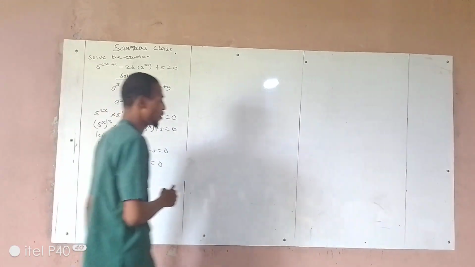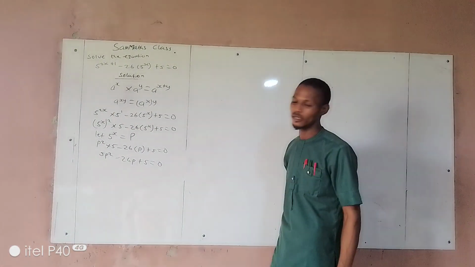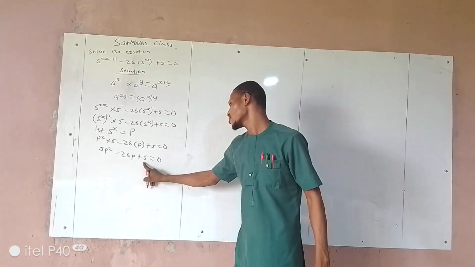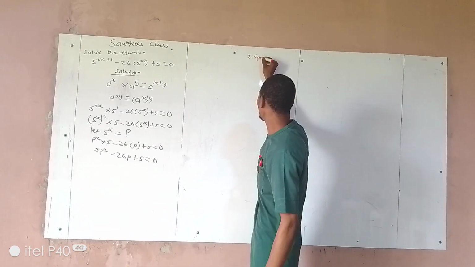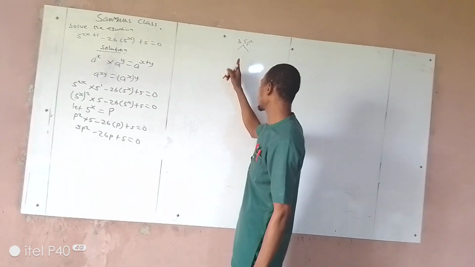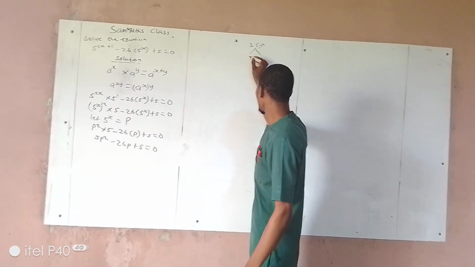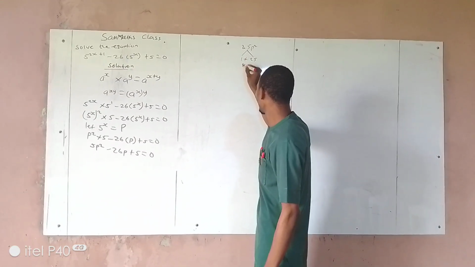Okay, we continue from here. This is a quadratic equation in terms of p. Using the factorization method, 5p squared times 5 is 25p squared. Look for factors of 25 which add up to give minus 26. The factors of 25 are 1 times 25, or 5 times 5.